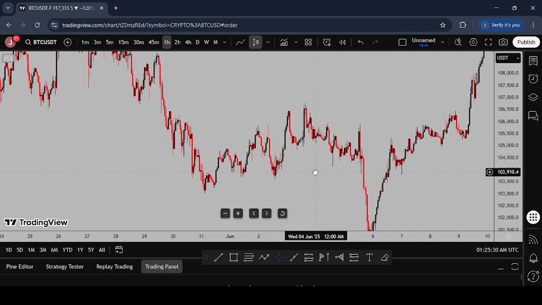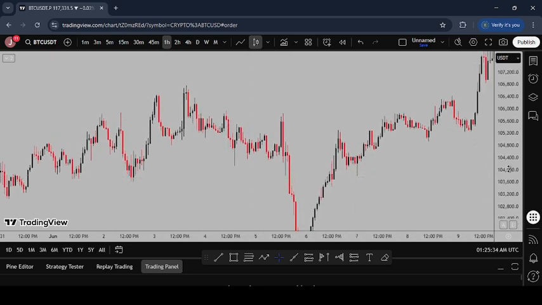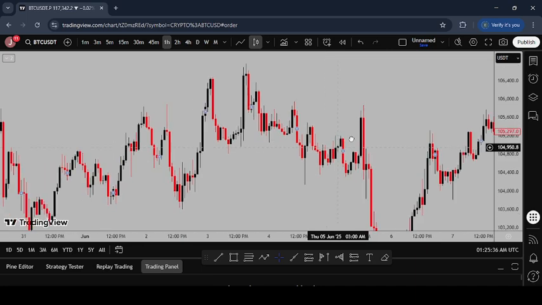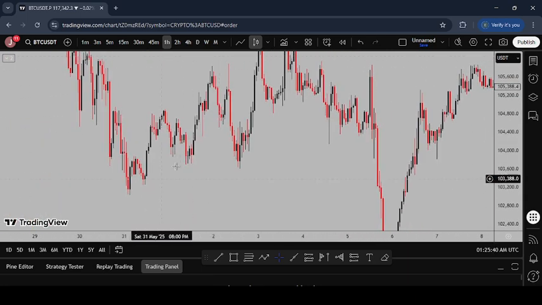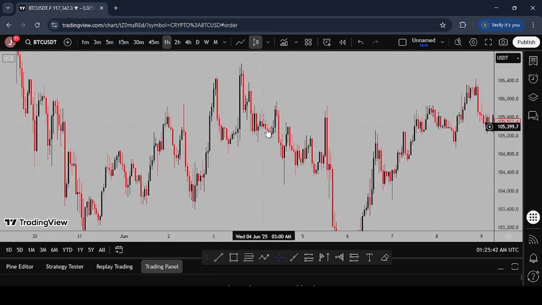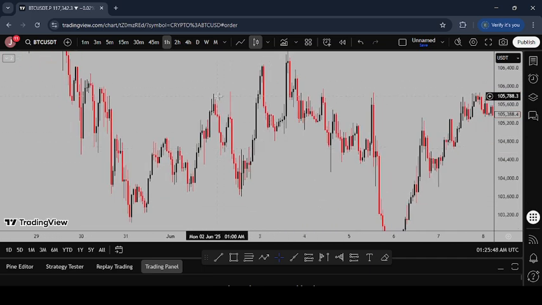Okay, let's look at this structure right here. This move. Now, of course, the market was in a bullish trend here. Then all of a sudden, the market started reversing, started coming down, and this was a swing high, a swing low, a swing high, a swing low, right?